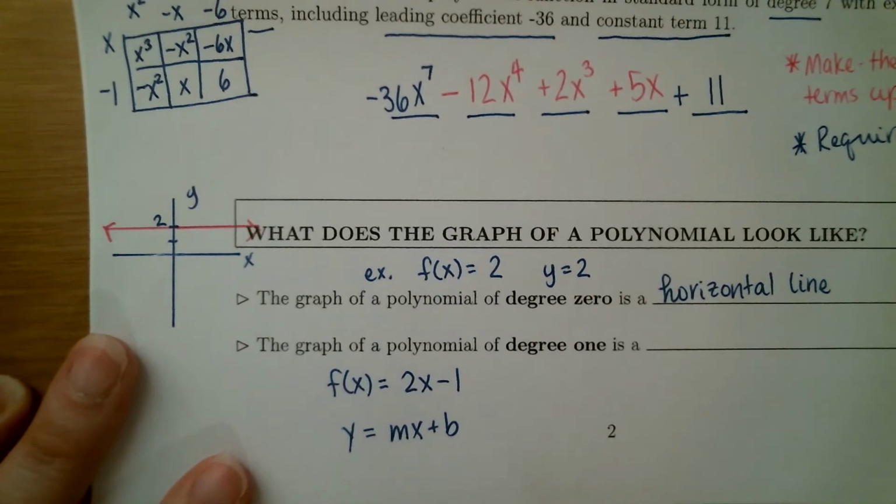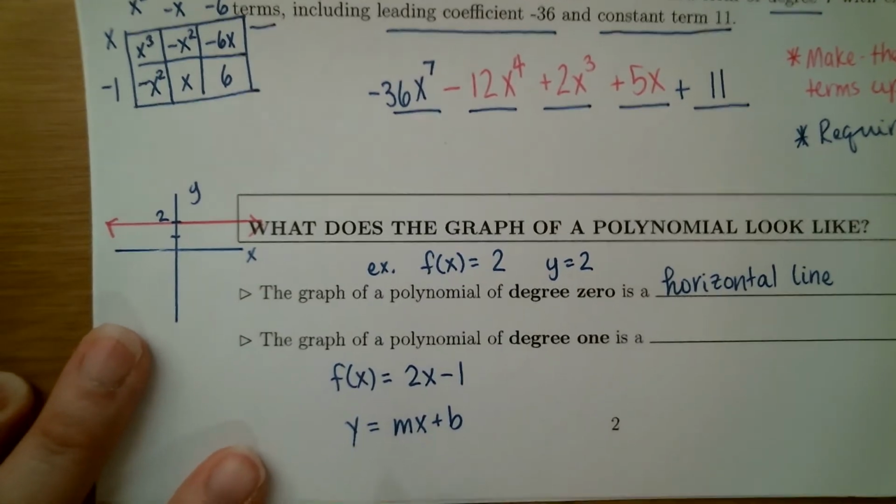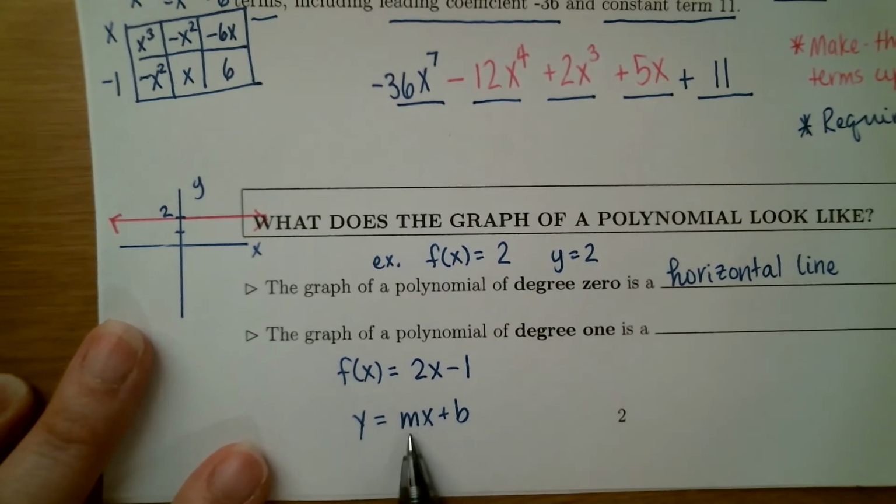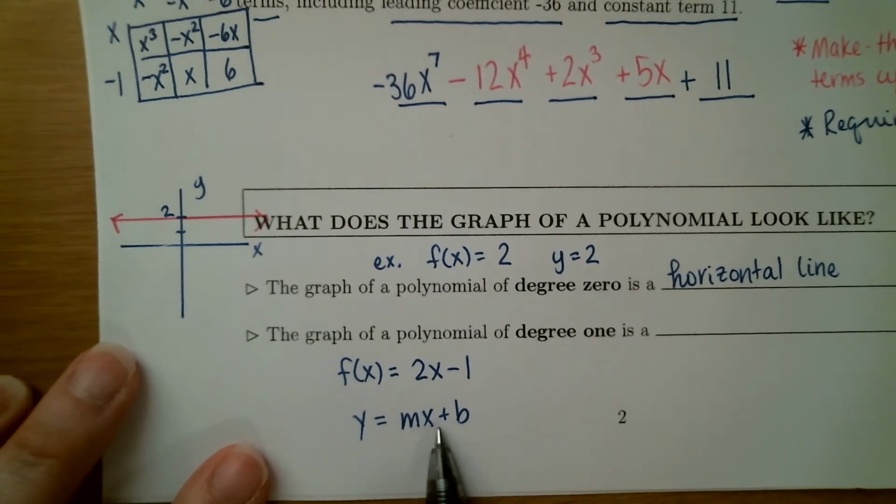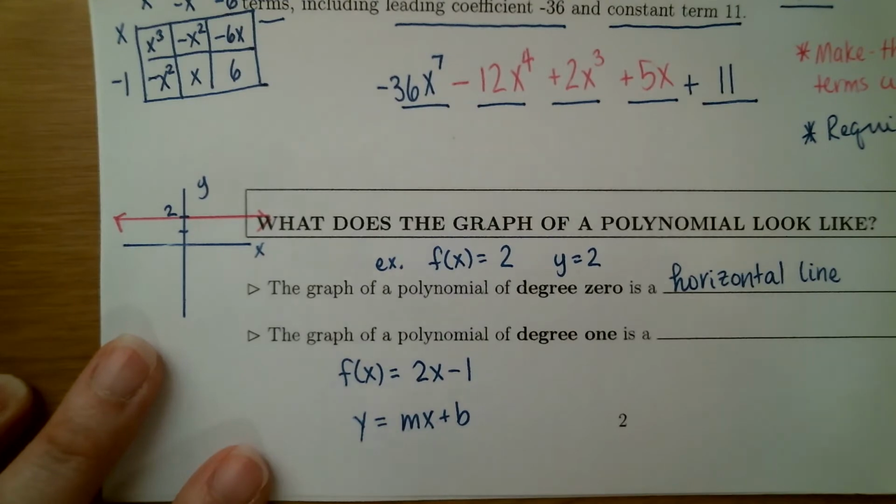Now, what is the difference between degree 1 and degree 0, because they're both lines? Well, because you're forced to have x to the first power in your equation, you have to have the mx part. So the difference here is that this is a line with a non-zero slope.